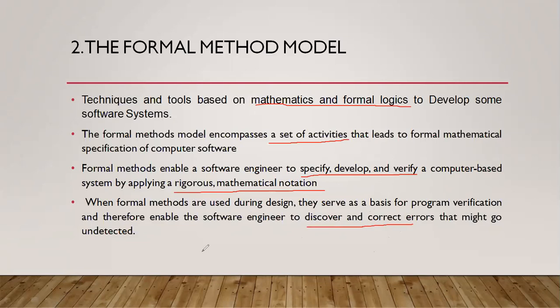Based on some calculations, we can find errors in that particular project. By applying some formulas, we can easily estimate or detect errors in the software we are developing. That much importance maths has in software engineering. Clear?